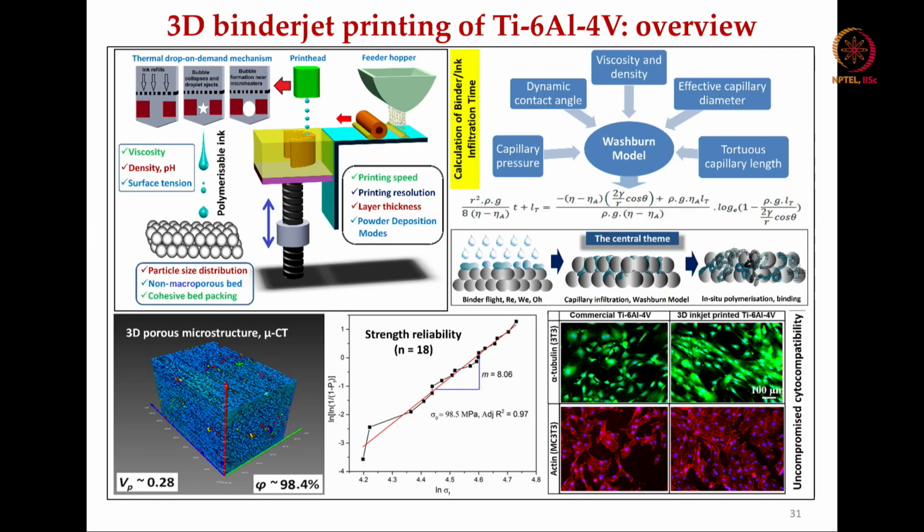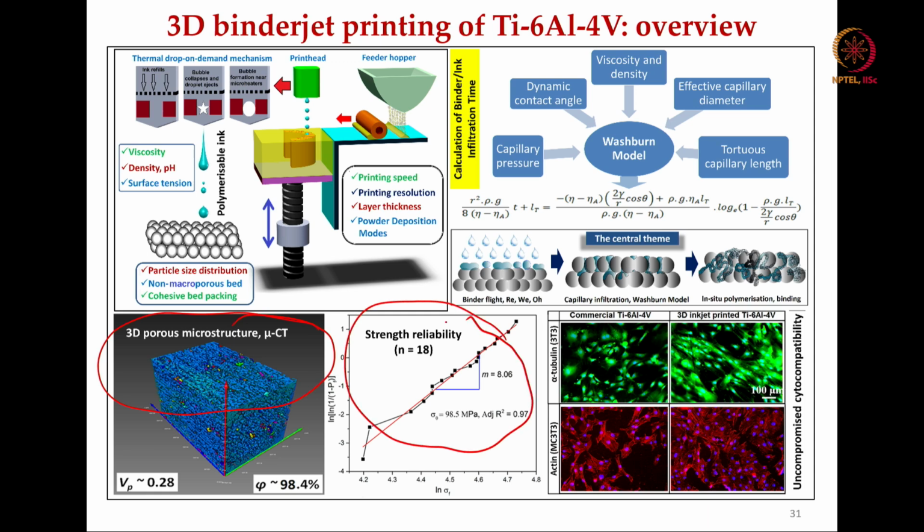So, this is an overview of what I have covered in the last 2 lectures on the 3D binder jet printing of Ti6Al4V, and you can clearly see that I have shown you a couple of features. One is the 3D microstructures printed by the binder jet printer and followed by sintering, which leads to a strength reliability of 8.1.